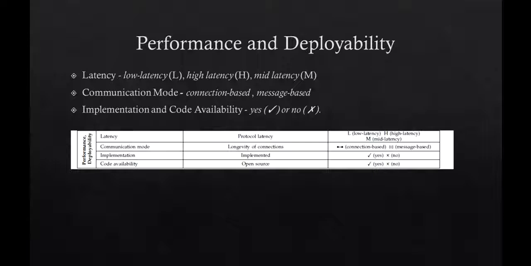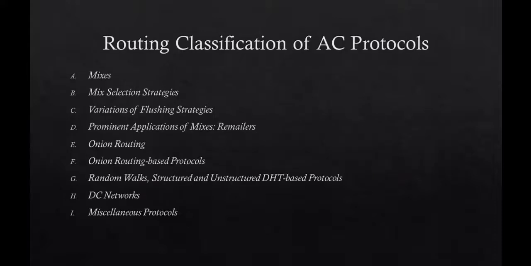Implementation and code availability. With the tick or X mark, you say whether or not it is implemented or a code is available or not. We'll be discussing these 9 routing classifications one by one.